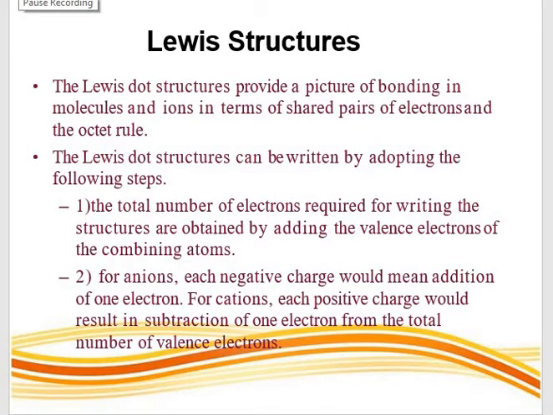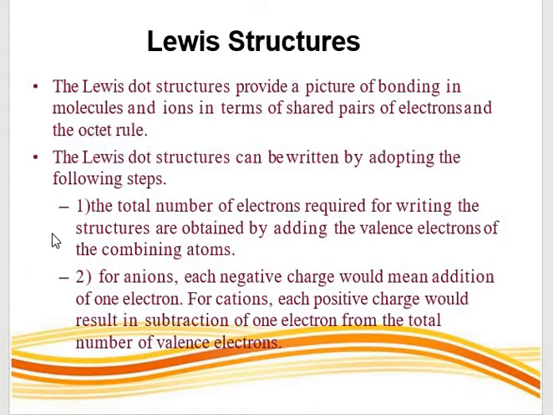Now, Lewis structures. The Lewis dot structures provide a picture of bonding in molecules and ions in terms of shared pairs of electrons and the octet rule. We can draw Lewis structures by following certain steps.